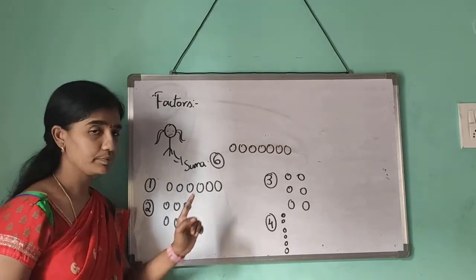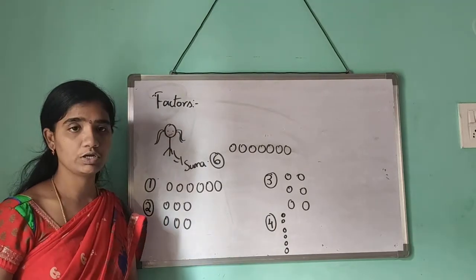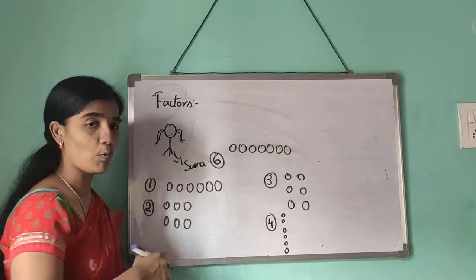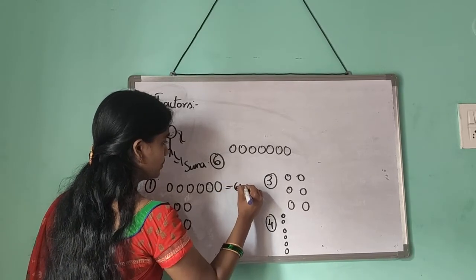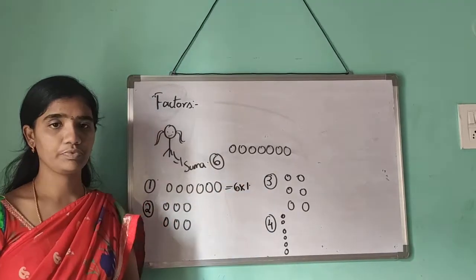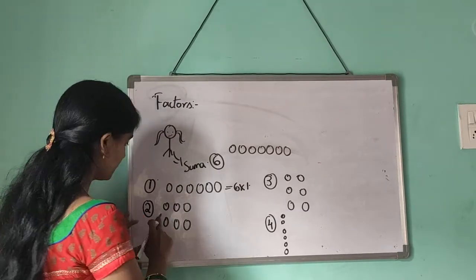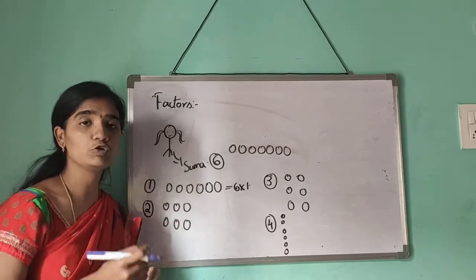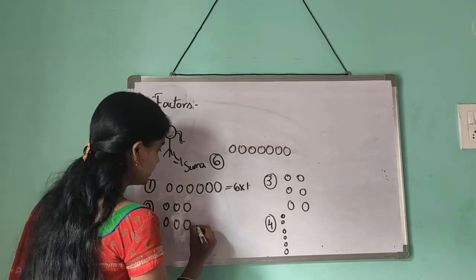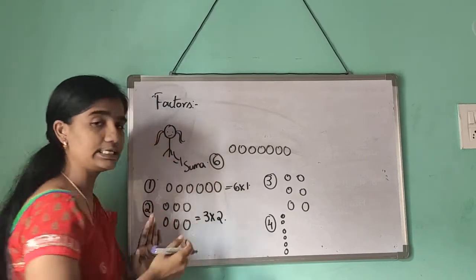So here, 6 columns and 1 each. Here we can write 6 into 1. Coming to the second one, 3 columns, 2 in each.